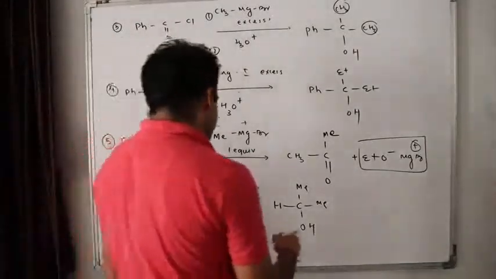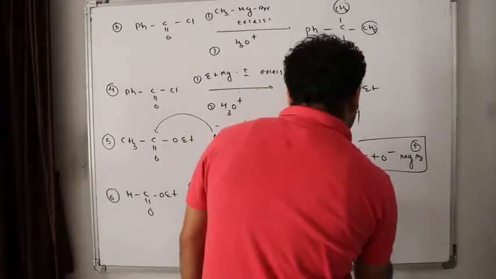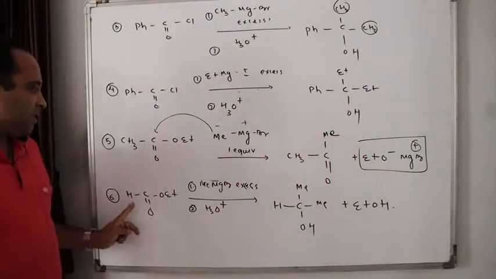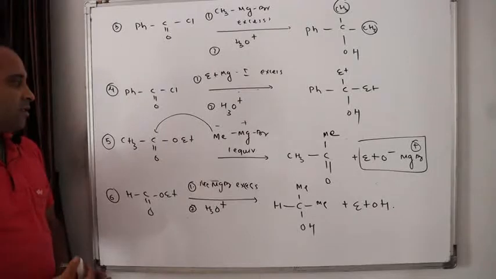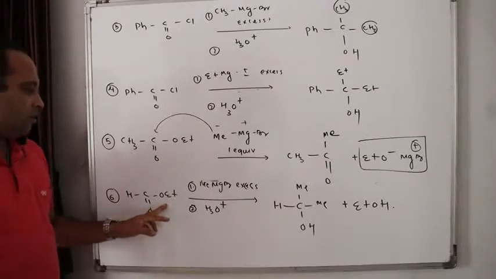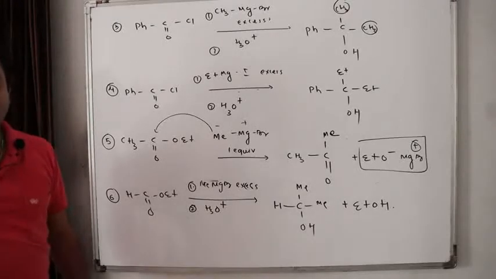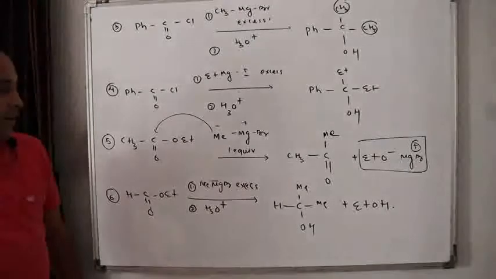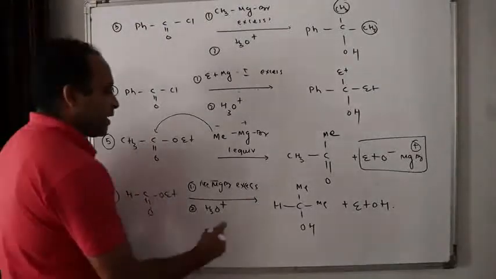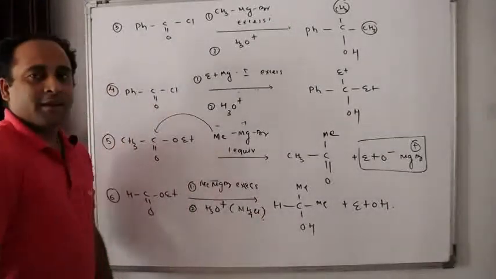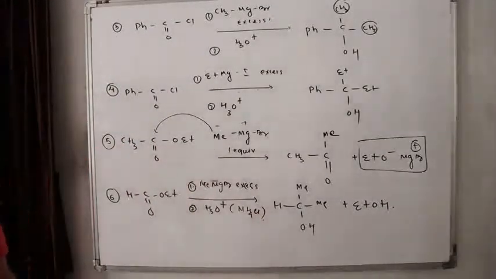Is ethanol formed? EtOH will be formed on hydrolysis. Check it out. Okay? Clear? In place of H3O plus, I can also take ammonium chloride. Do you remember? Okay? Let us go for the next question.